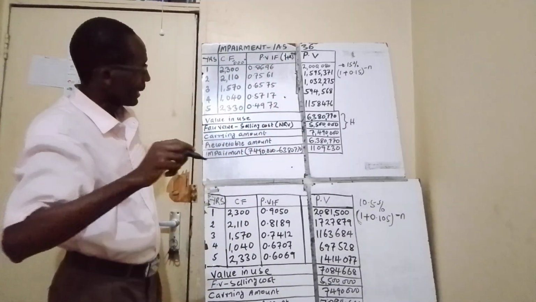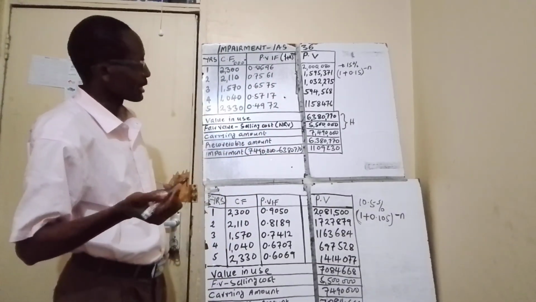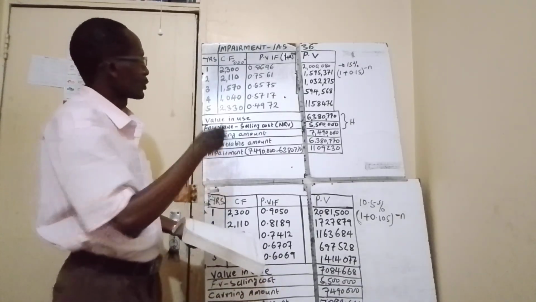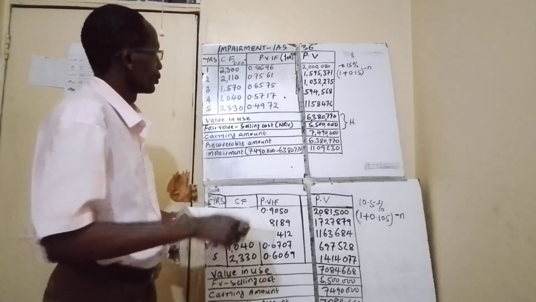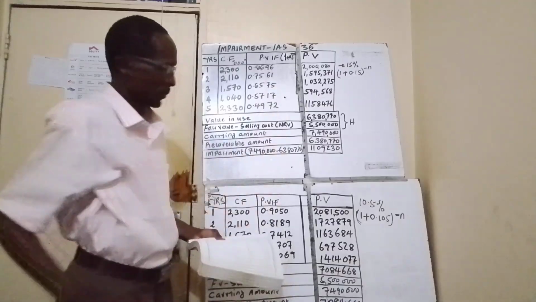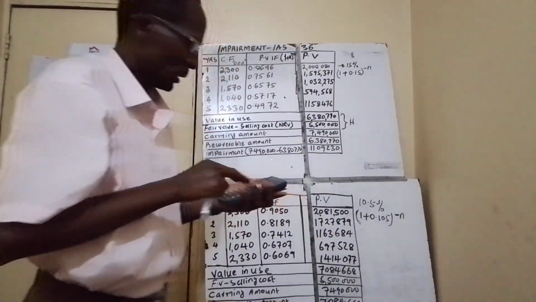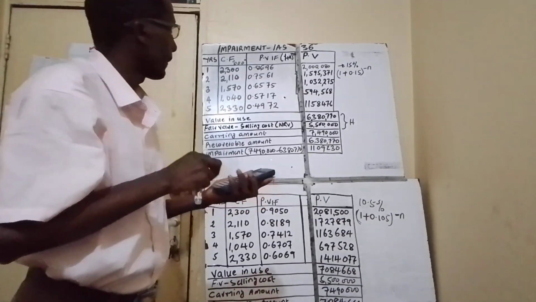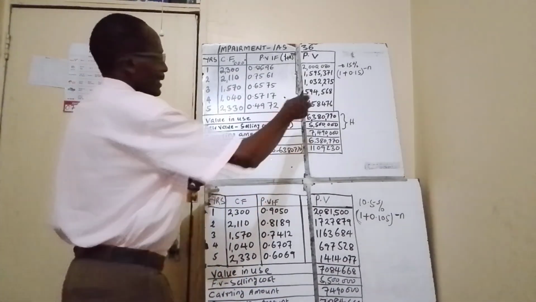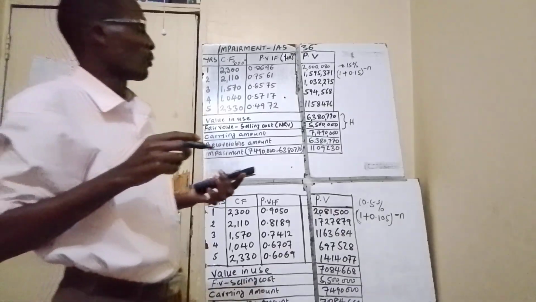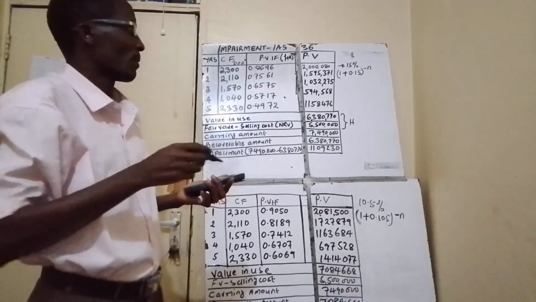You take 1 plus rate raised to negative n. Now I want to calculate for year 1 for you. You understand how we got this one? If you have to use your calculator, 15% is the same as 0.15 plus 1.